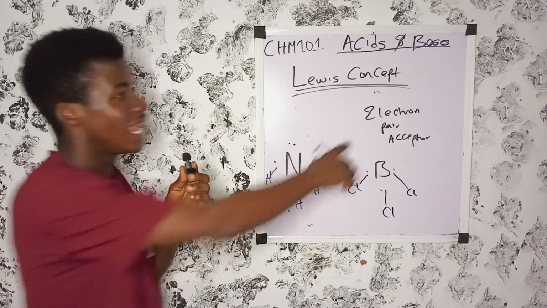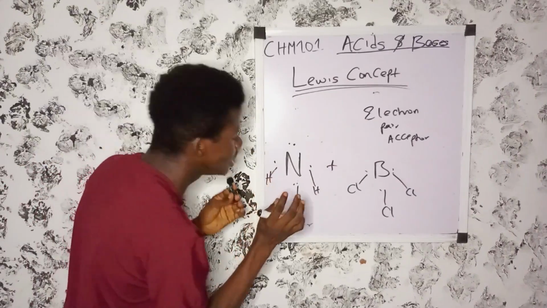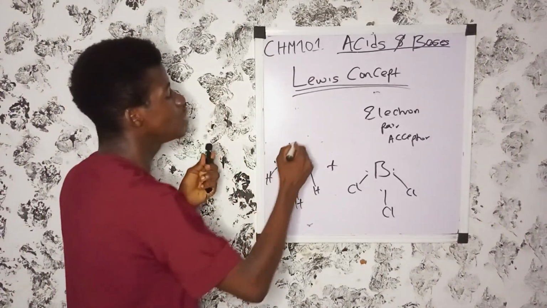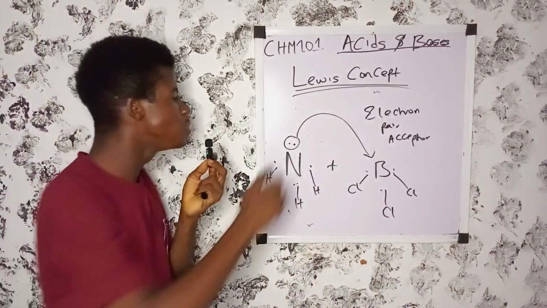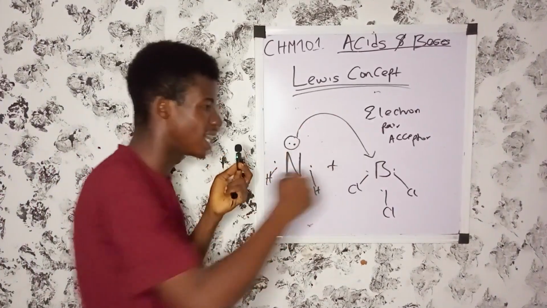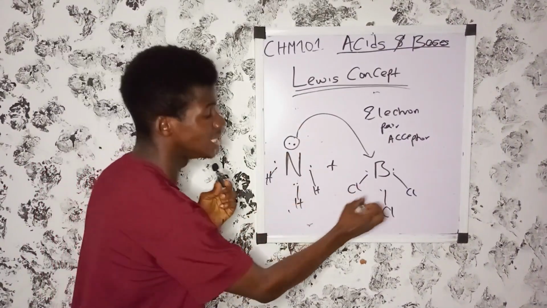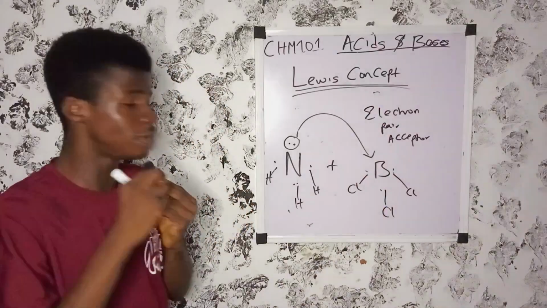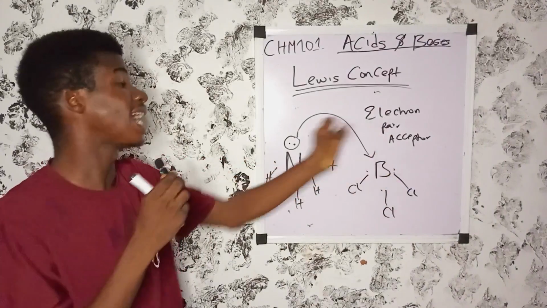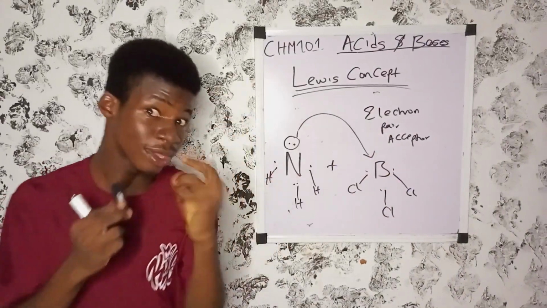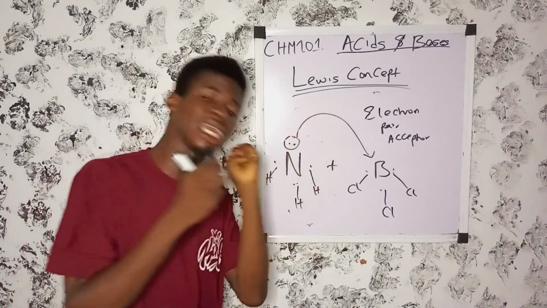So remember, a pair means 2. So this is the Lewis base, because it will donate these 2 electrons to this guy. In this process, this is the Lewis base, while this is the Lewis acid, because boron trichloride accepts a pair of electrons from ammonia.